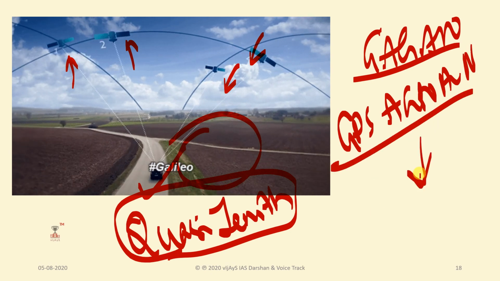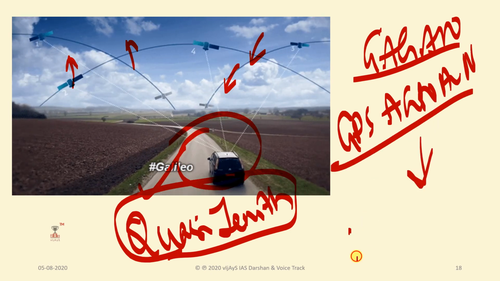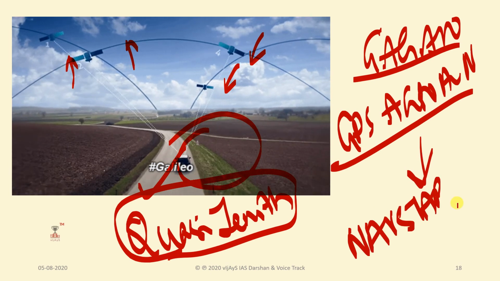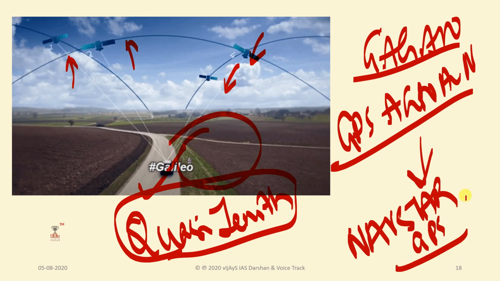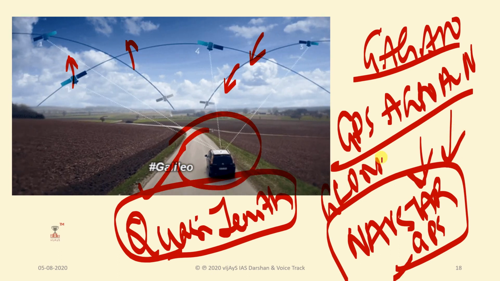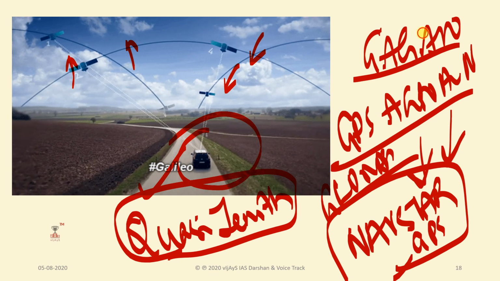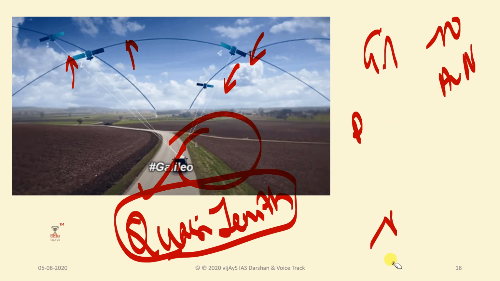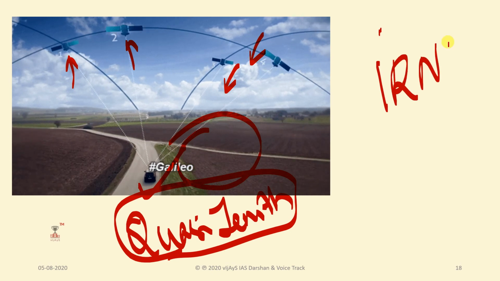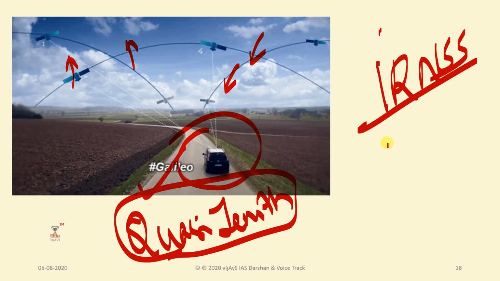This will enhance very accurately, and also with NavStar GPS. This system will increase the accuracy of NavStar GPS and GLONASS positions also. And India is also developing one of the very fastest ones. It is called the Indian Regional Navigation Satellite System, IRNSS.